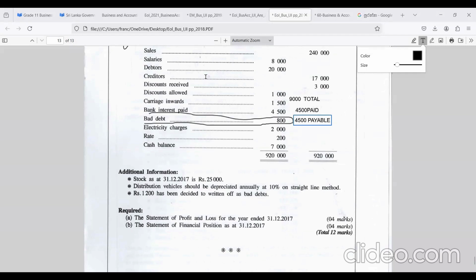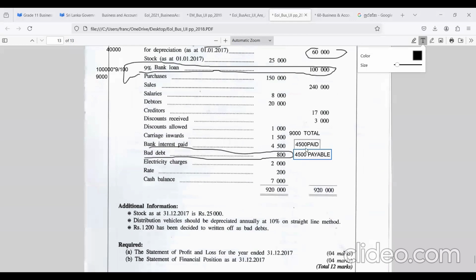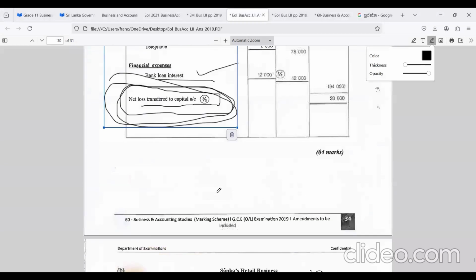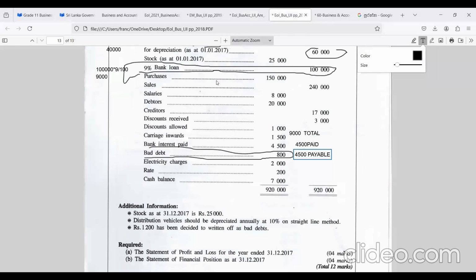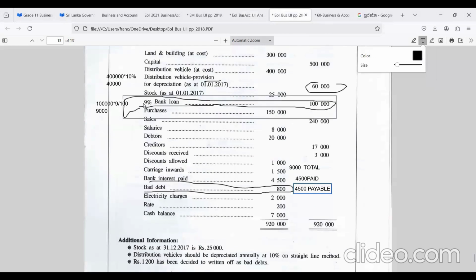So in the bank loan adjustment, you have two ways to do it. Take the interest paid amount 4,500 and record it here and add the payable value. You are getting 9,000. But the easier method is not this. The easier method for this bank loan adjustment is to take it from the percentage.